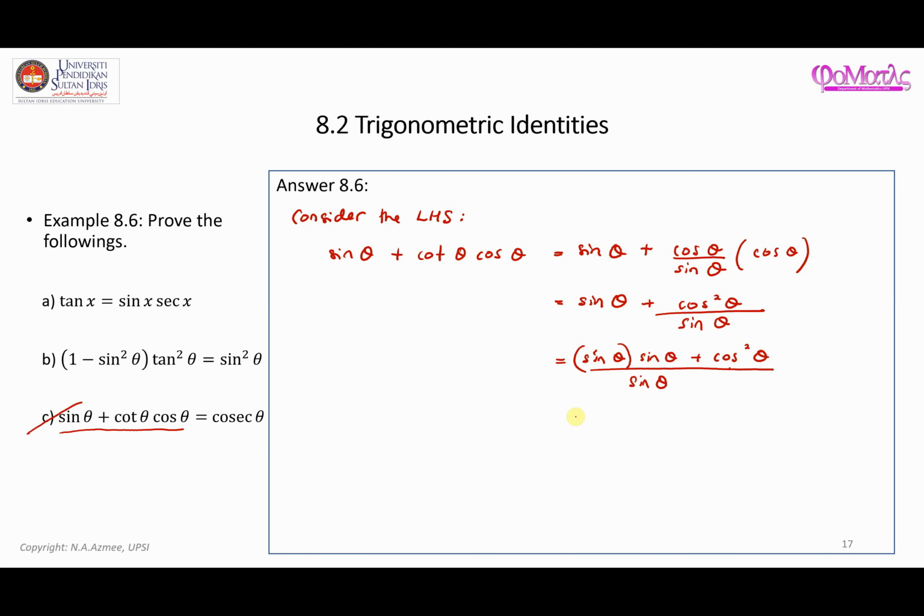Now sine theta times sine theta will be sine squared theta plus cos squared theta over sine theta. And if you use the trigonometric identity, this will equal 1. So that will be 1 over sine theta, and this is the definition for cosecant of theta.